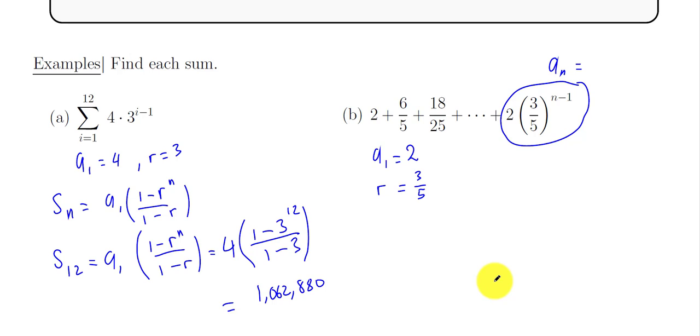Once you get that, we can start using this formula Sn. So Sn equals a1, which in this case is 2, multiplied by 1 minus r, which is 3/5, to the n power, over 1 minus r, which is 3/5.